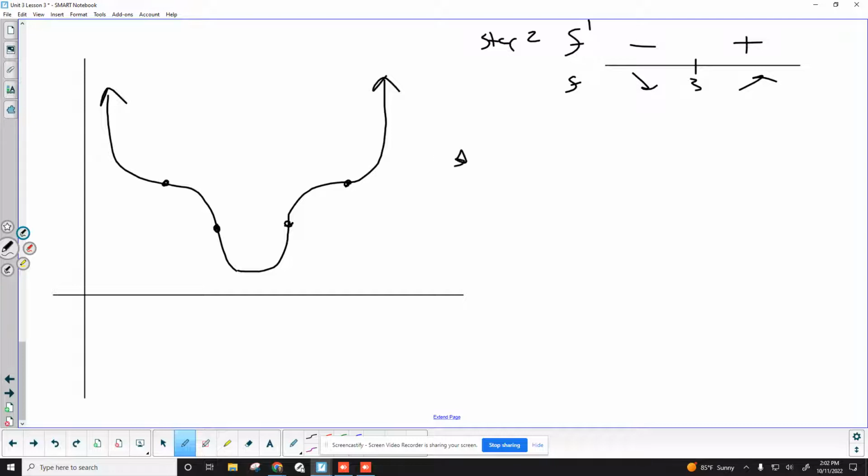Today, we will analyze the signs of f double prime.